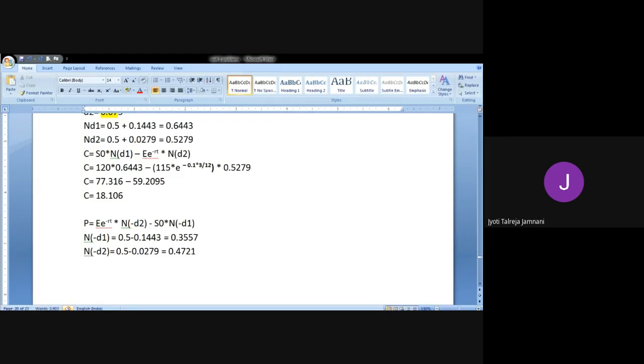Now we can put the values in the put option formula. P is equal to E into E raised to minus RT, that is 115 into E raised to minus 0.1 into 3 by 12, into N(minus D2). N(minus D2) is 0.4721, minus S naught 120 into N(minus D1), which is 0.3557.